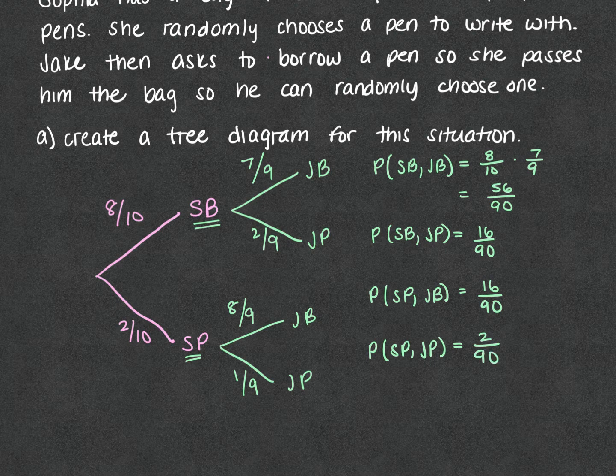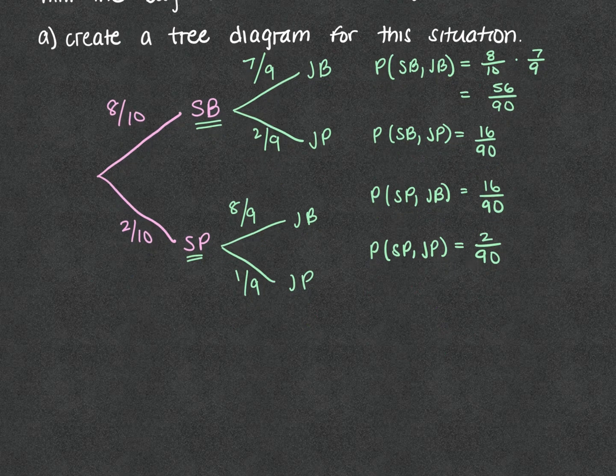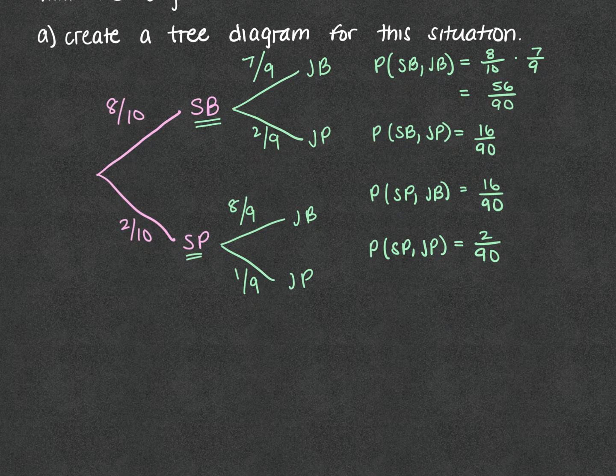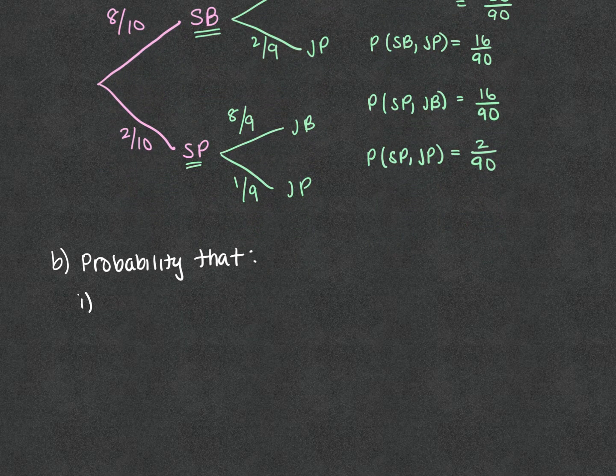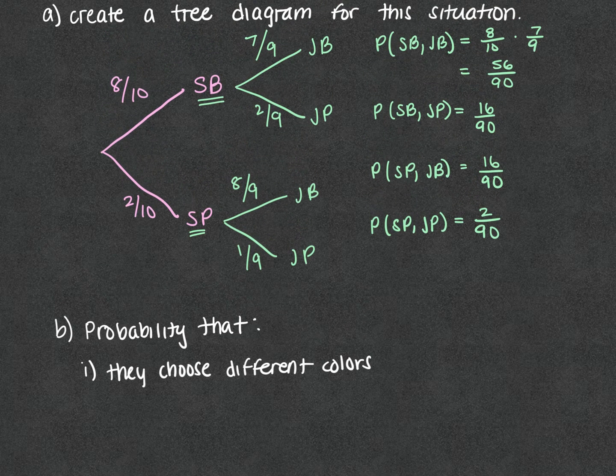Okay? Now we can do the same thing and answer questions about this situation. This would be part B. If we wanted to know the probability that they choose different colors, again we're just going to look at all of our results.